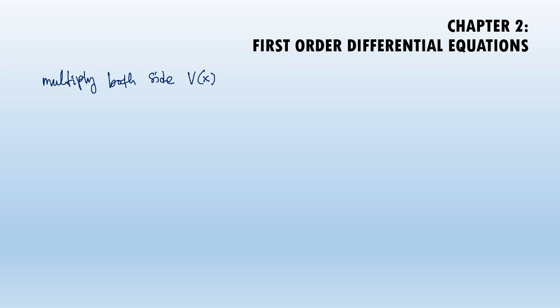So we're going to have 1 over x plus 1 times the left hand side, which is dy dx minus 1 over x plus 1 y, and also to the right hand side 1 over x plus 1 times x.